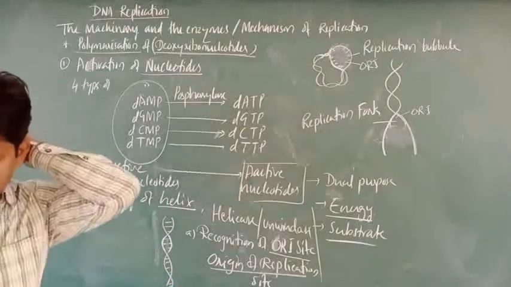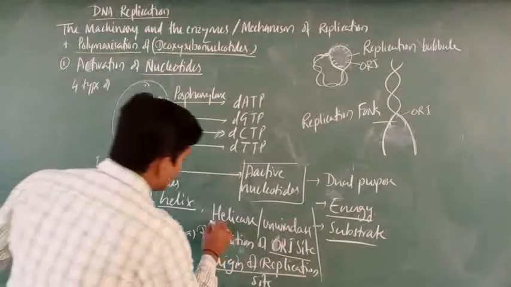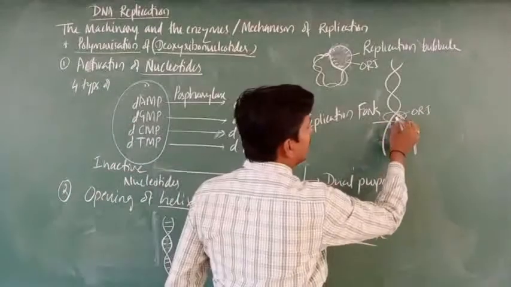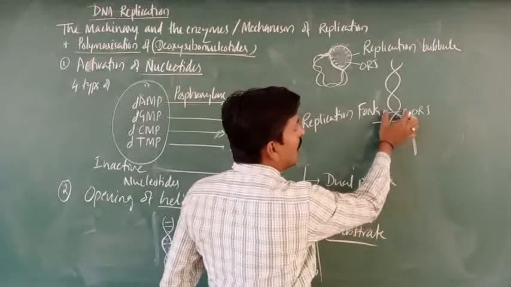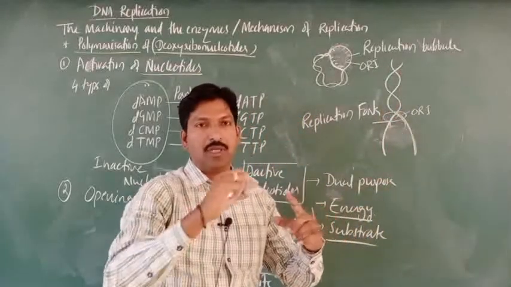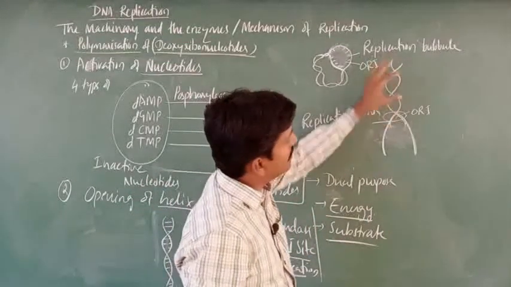And next, the helix is opened up by the helicase, as I mentioned here. Helicase is one of the enzymes. Helicase enzyme goes on opening the zip, and this is the point where it carries out its opening.